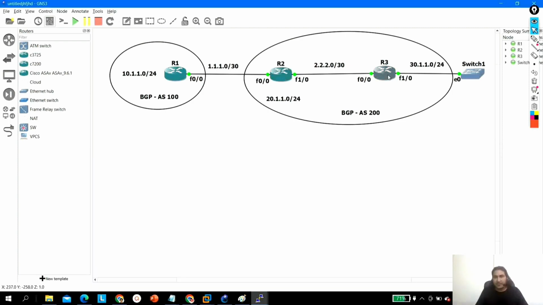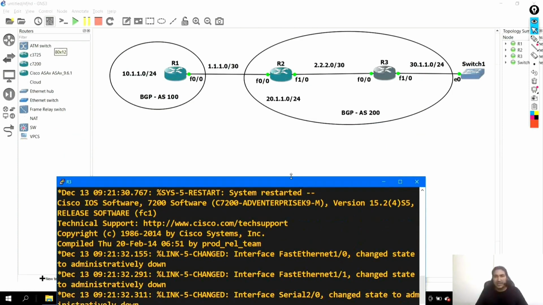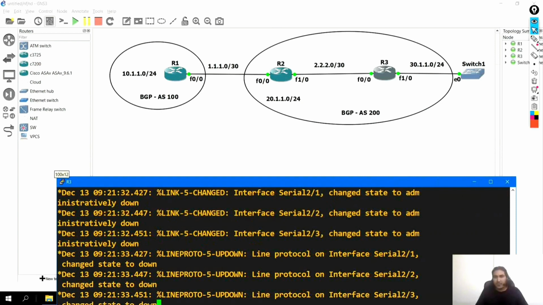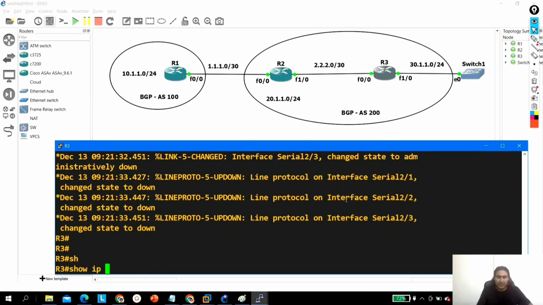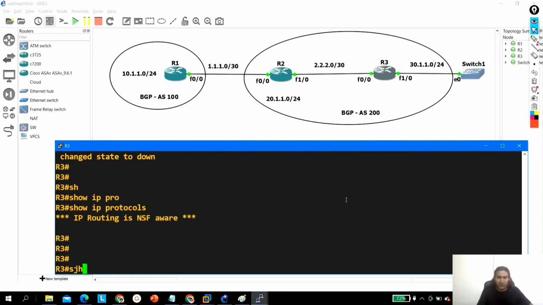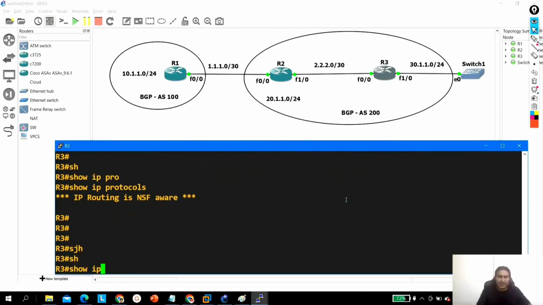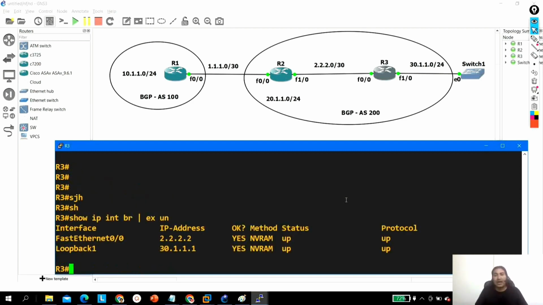Let me take access of router 3 as well: show ip protocols and show ip interface brief | exclude unassigned. Okay, so I am running IP addresses on all devices.